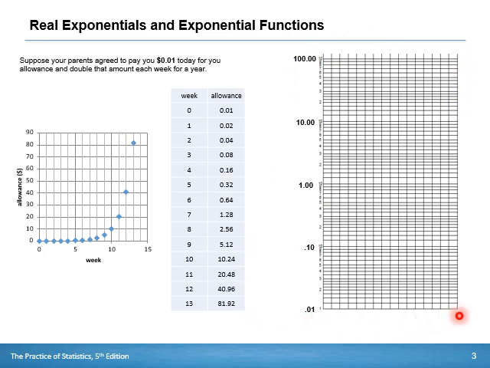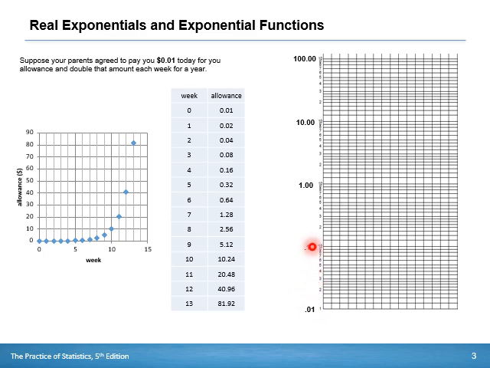The x-axis is a regular scale, what they call a rectangular scale. But the vertical axis, the y-axis, is something called a logarithmic scale. You can see here that this is a penny, 1 cent. Then you can see 2 cents, 3 cents, 4 cents, all the way up to 10 cents.